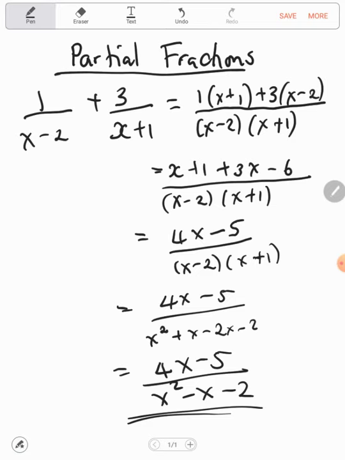a single function. So the process of moving from the single fraction into the two individual functions is known as the resolving of partial fractions, the resolution of partial fractions.